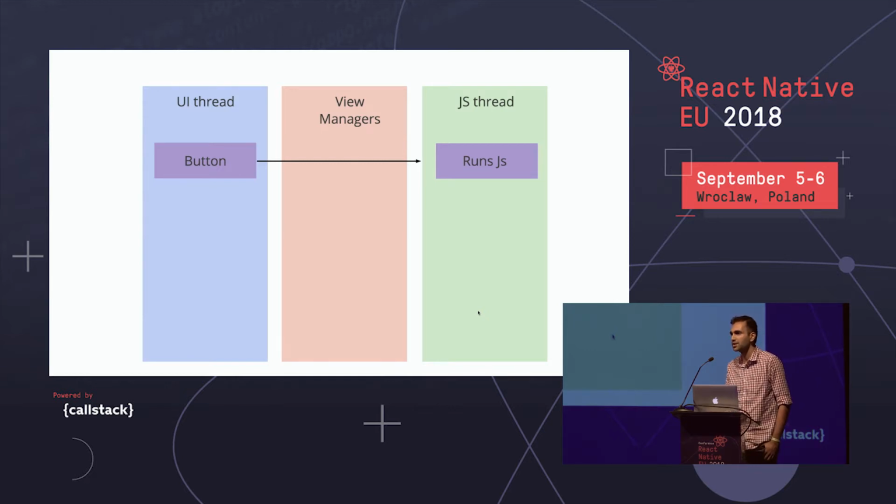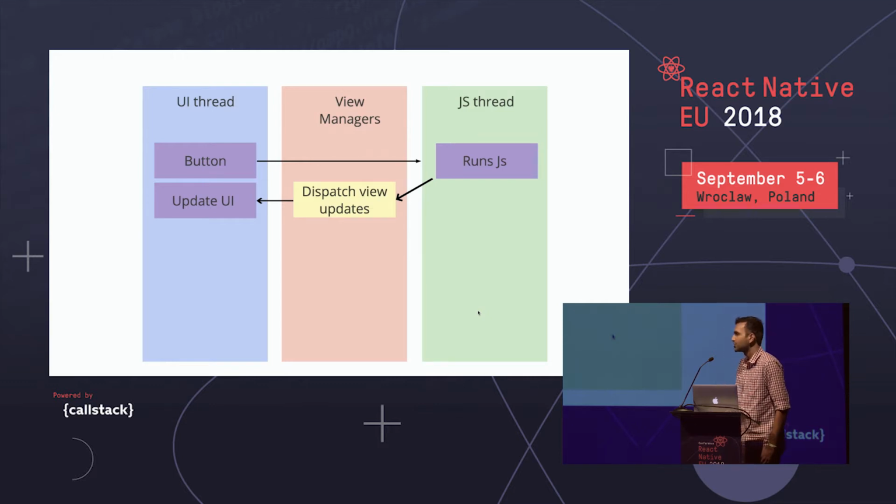Probably you want to show an animation, or you want to open a pop-up. So your JavaScript thread will then send the message to the view manager thread, which will contain view managers that will change the view. And that, again, goes back to the native thread to actually update the UI.